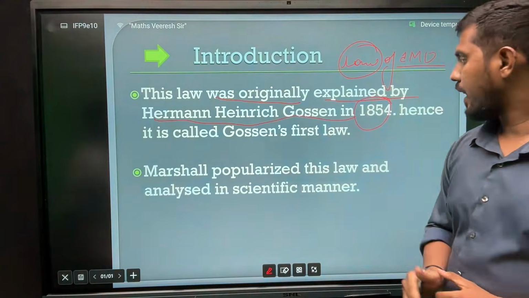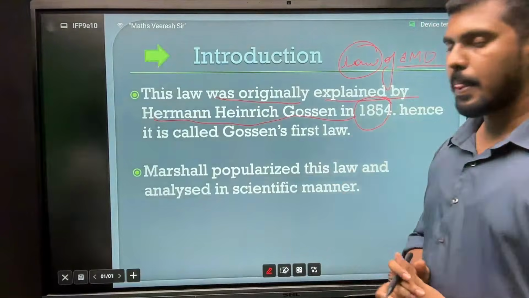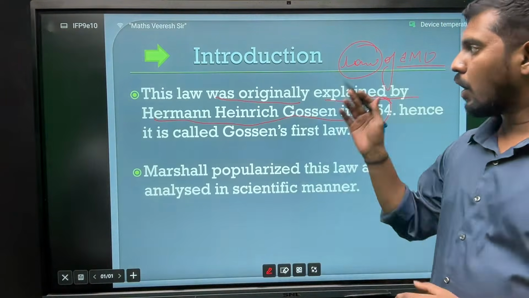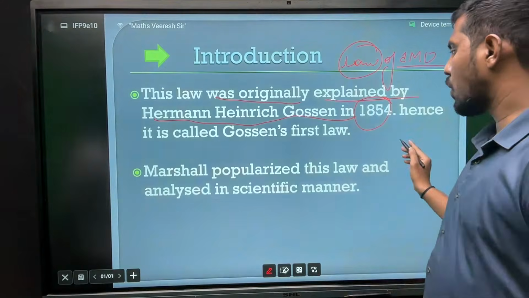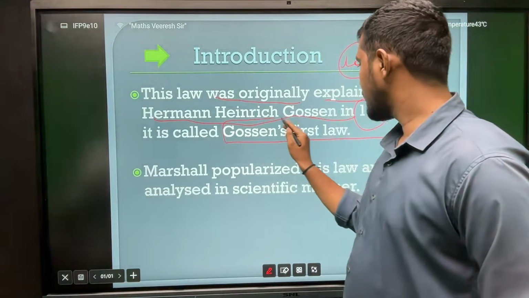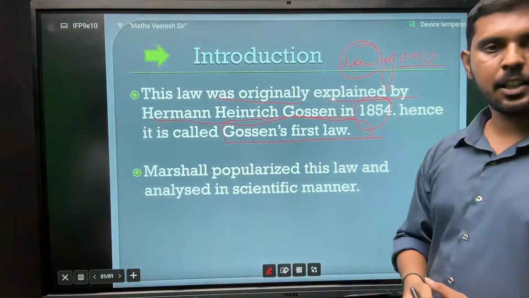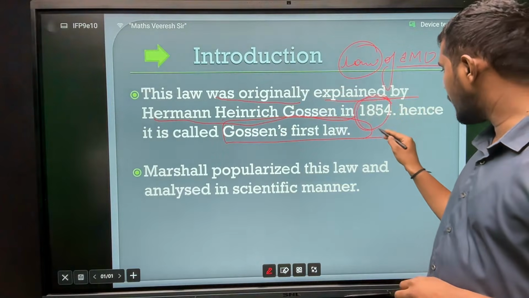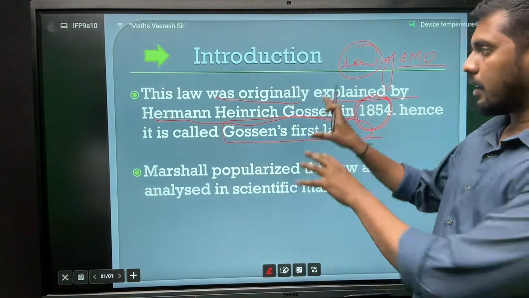Another economist called the law of DMU Gossen's first law, because he introduced and explained it. Who? H.H. Gossen. In which year? 1854. Write this down.